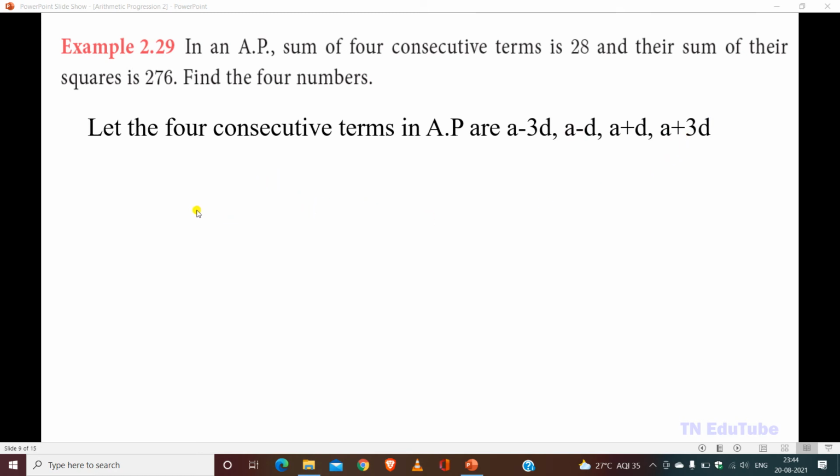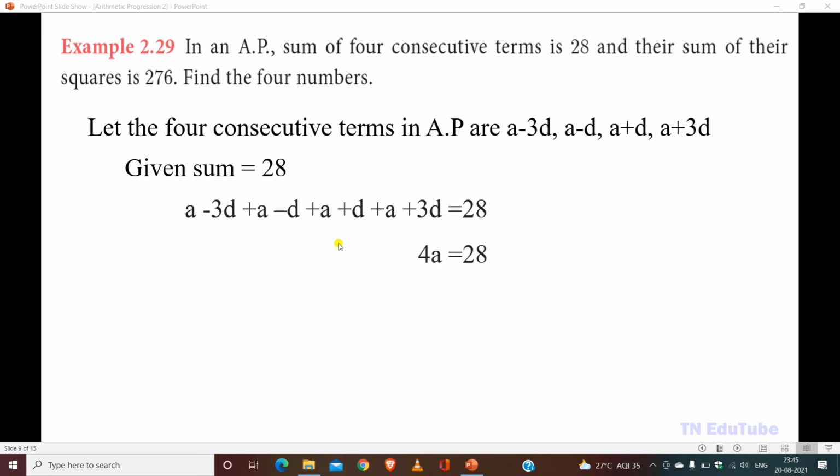Now what is given? Sum is given, isn't it? Sum 28. That means you have to add the 4 terms, that is equal to 28. Here minus 3d plus 3d get cancelled, minus d plus d get cancelled. So you get 4a equal to 28. So what is the value of a? a equal to 7.